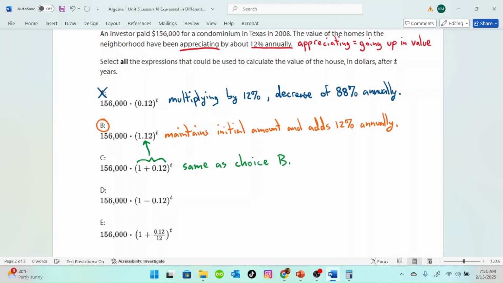And if B was correct, then that means C is also correct. It maintains the initial amount with the 1, and it adds the 12% annually with the plus 0.12.